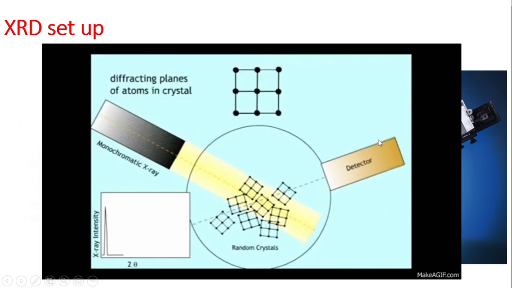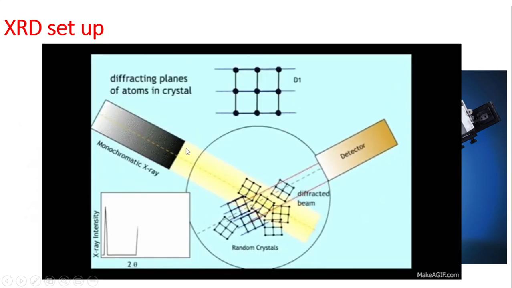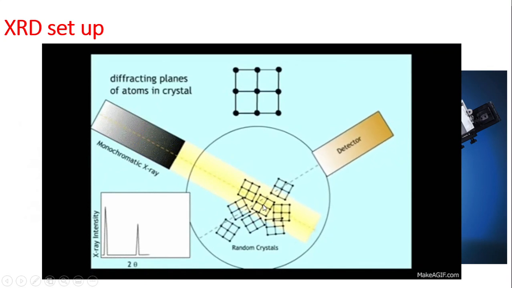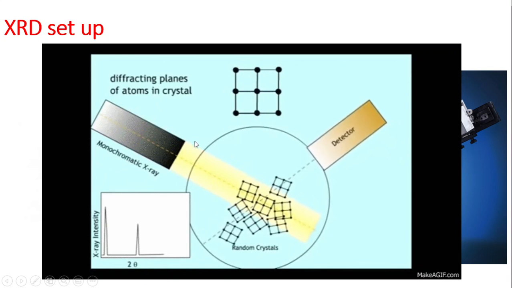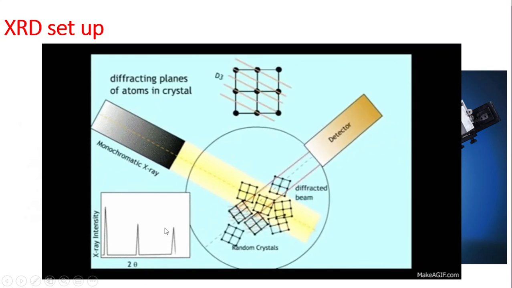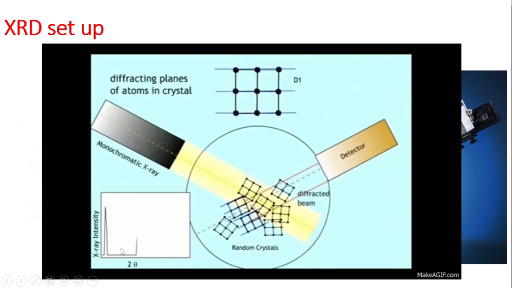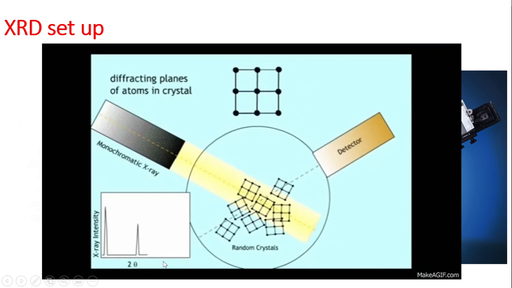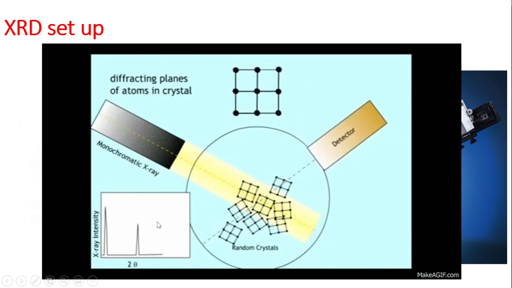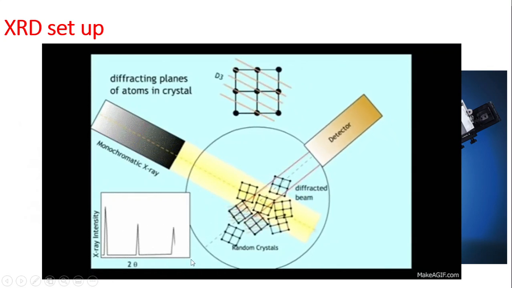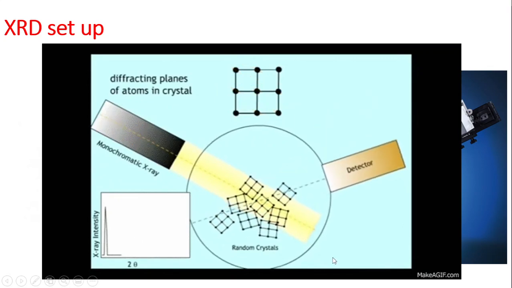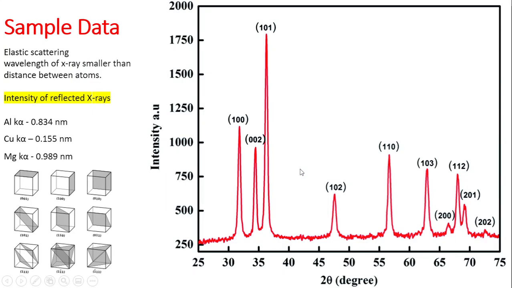When you are doing the experiment, you have a source of X-rays, and you either turn your sample or your detector, and when the X-rays undergo constructive interference, you will start seeing peaks only in those directions. Using this X-ray intensity versus 2 theta, you can calculate some useful information. So let's see how to do that.